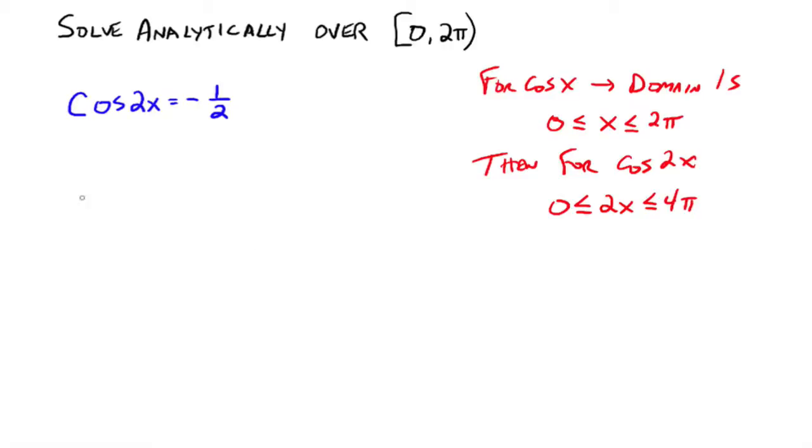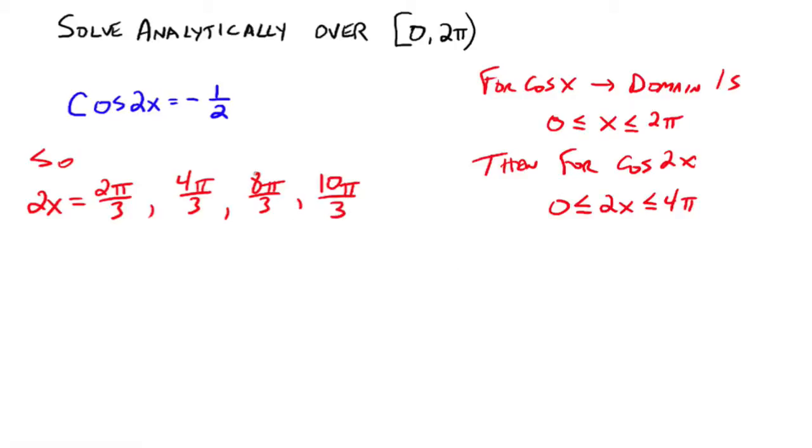Okay, so doing that, we list: the angle, 2x here, is equal to 2 pi over 3, because the cosine of 2 pi over 3 is negative 1/2. Then 4 pi over 3, and then going around the circle again, we're going to have 8 pi over 3, and then finally 10 pi over 3.